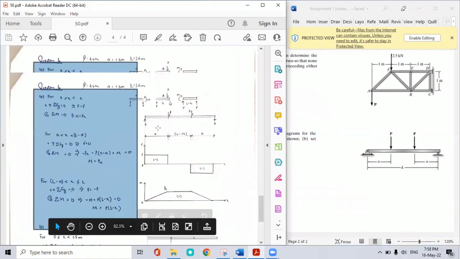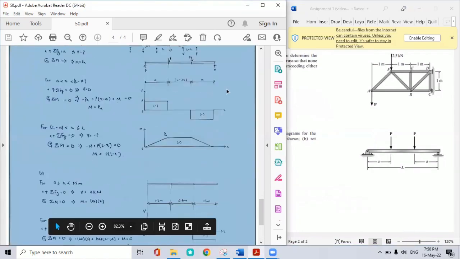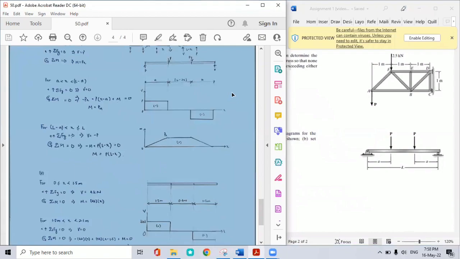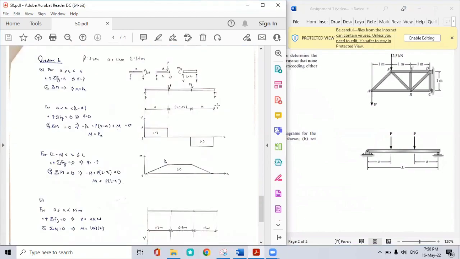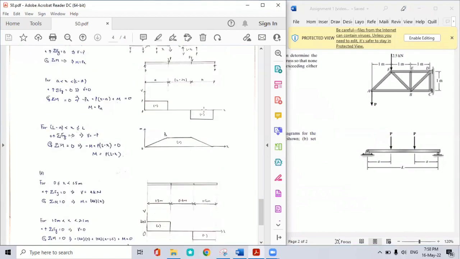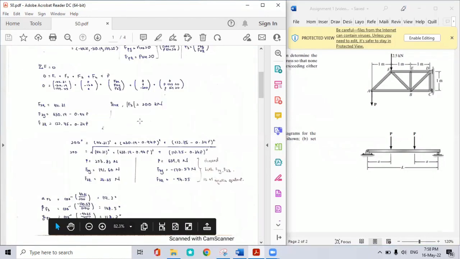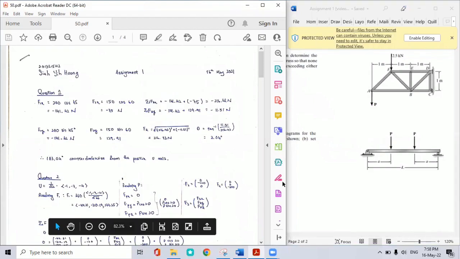And after that, we will get the graphs. We need to follow the distances strictly, and because of that, we can get a more accurate graph. That is 0 to A, A to L minus A, and L minus A to L. Okay, so this is all my presentation, and thanks for your patience in listening. Thank you.